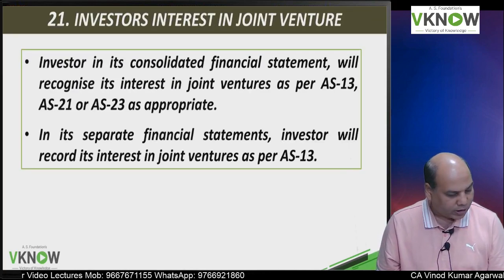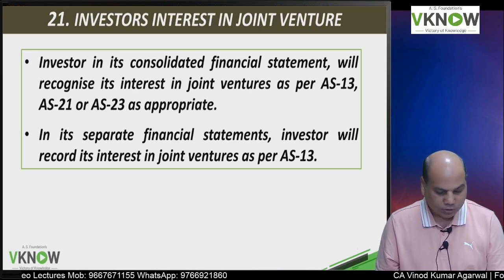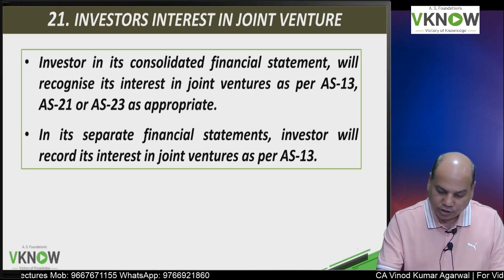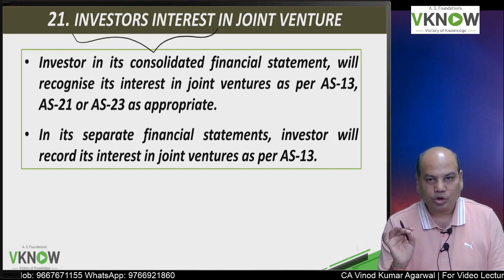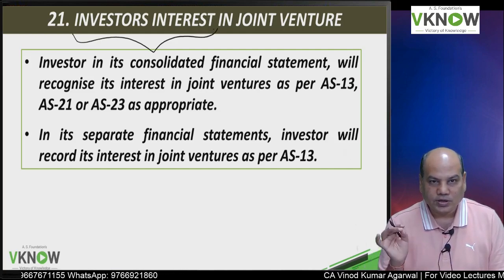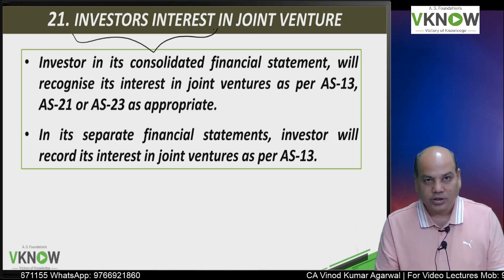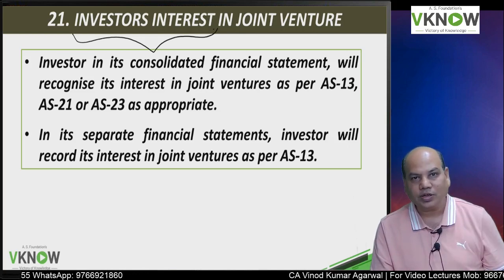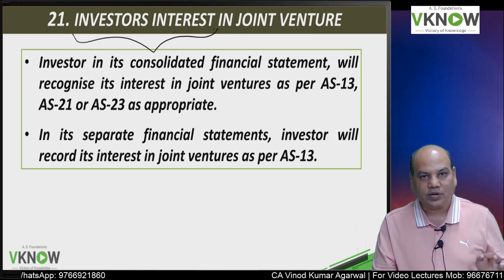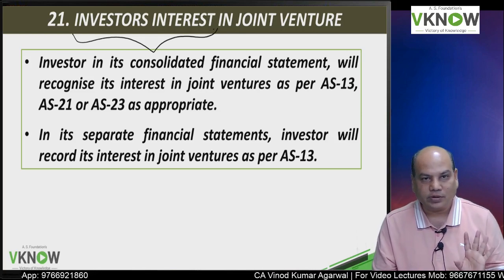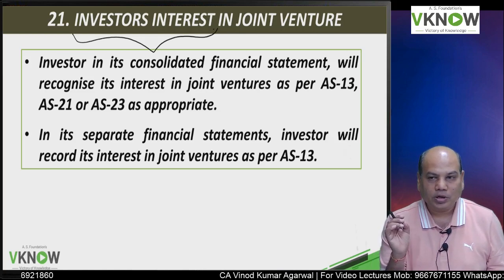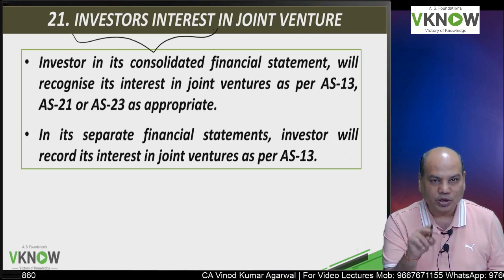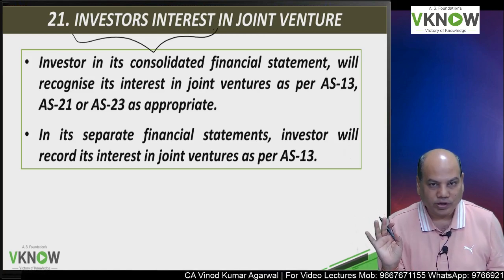Now you come to paragraph 21, investors' interest in joint venture. If you are an investor, not a venturer, you have only supplied capital, then you need not apply AS 27. Then what the investor will apply? Depending upon the connection between investor and this joint venture.